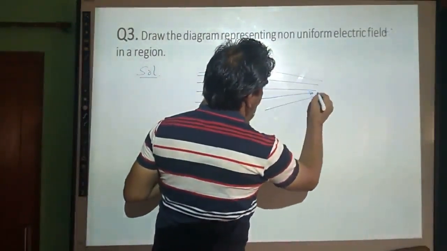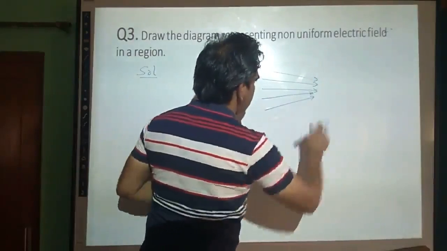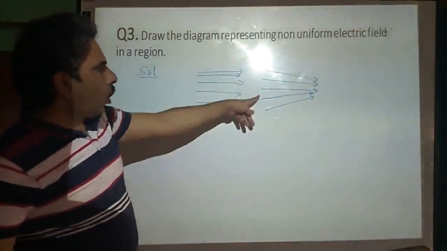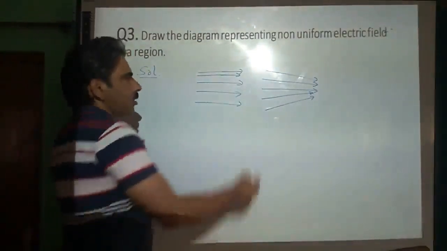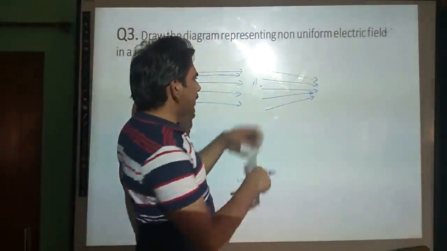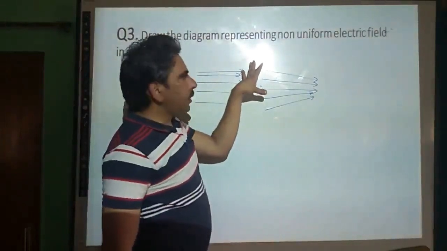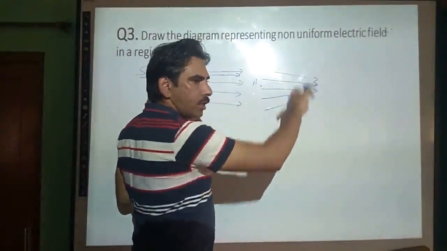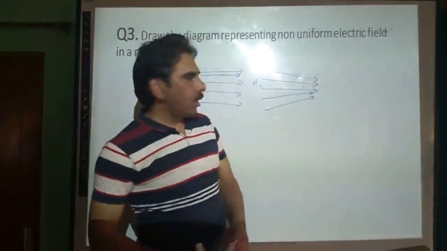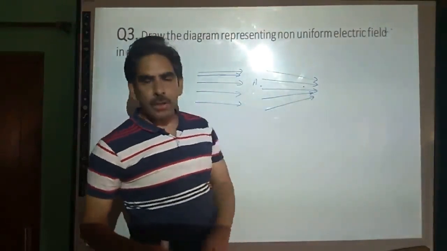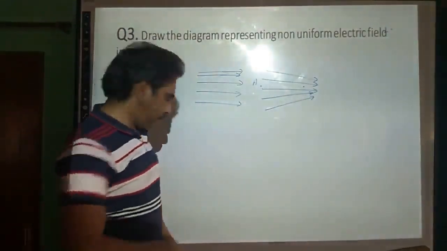So these field lines are representing a non-uniform electric field, because at points where electric field lines are wide apart, the electric field is weak, and at points where electric field lines are closer or crowded comparatively, the electric field is stronger. So these are the examples of non-uniform electric field.